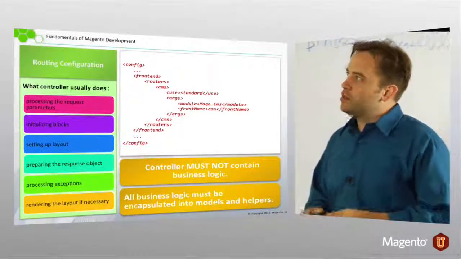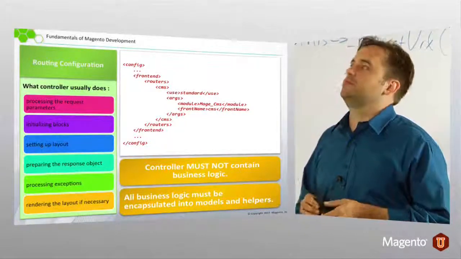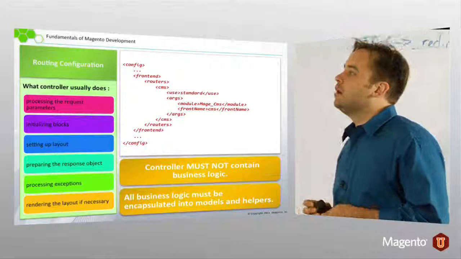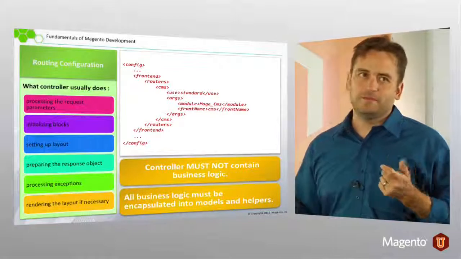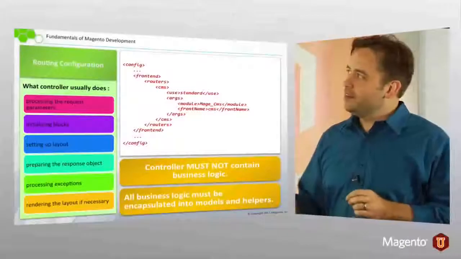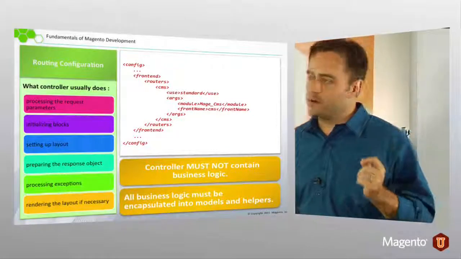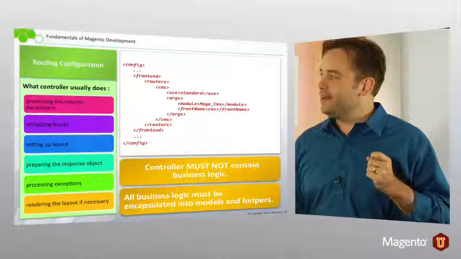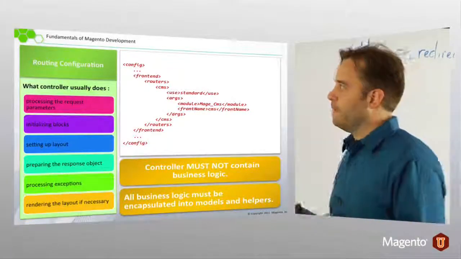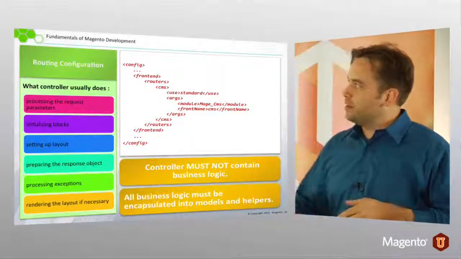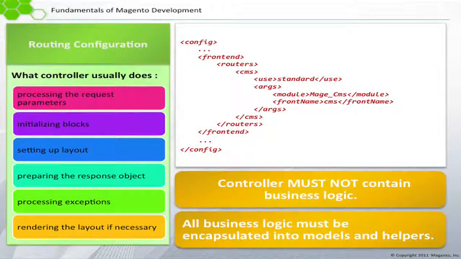All right? So, configuration. In this case, again, we're configuring in certain areas. So in the front end area, under the routers node, we add the CMS router. Okay? So this connects a front name with a module name, and gives us a spot in the configuration in which to do it.